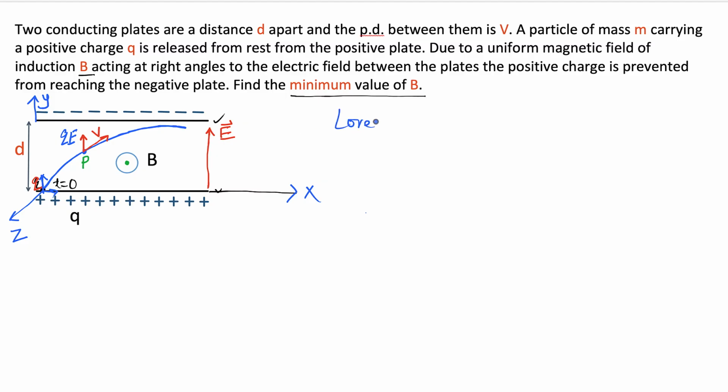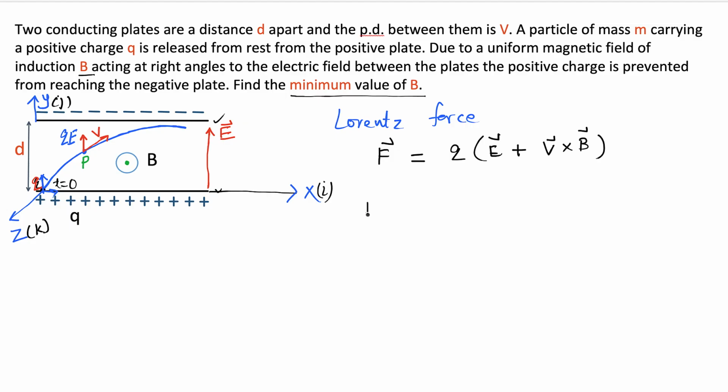So we can use the Lorentz force, which says that the F vector is equal to q(E plus V cross B), where E is the electric field, V is the velocity, and B is the magnetic field vector. So let's write it in terms of i, j and k. Let's say this is i, this is j and this is k.